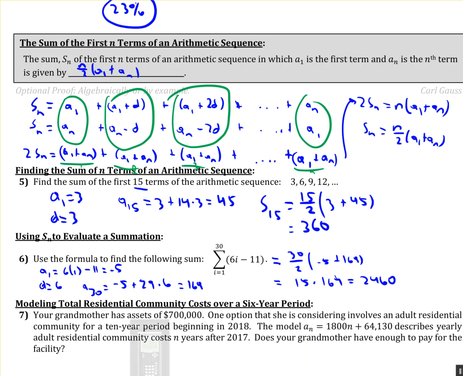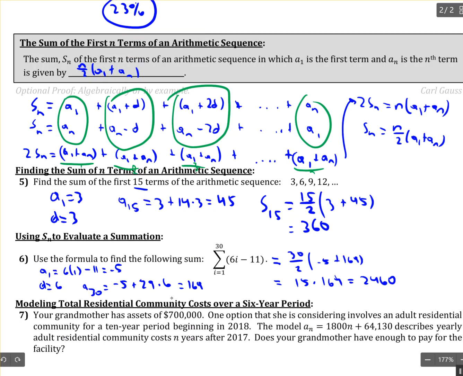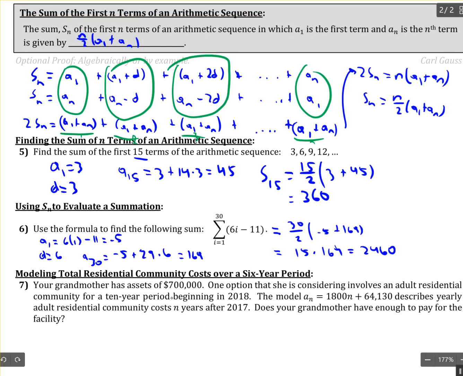So we can double check, make sure I got my calculation correct. So I could go to math summation, and I can go from 1 to 30. I guess I'm still in parametric from last chapter. 1 to 30 of 6t minus 11. And there you go, 2460. But you can kind of see it's really not that bad to do by hand, or even with a simple calculator. All right, so last question, last example.